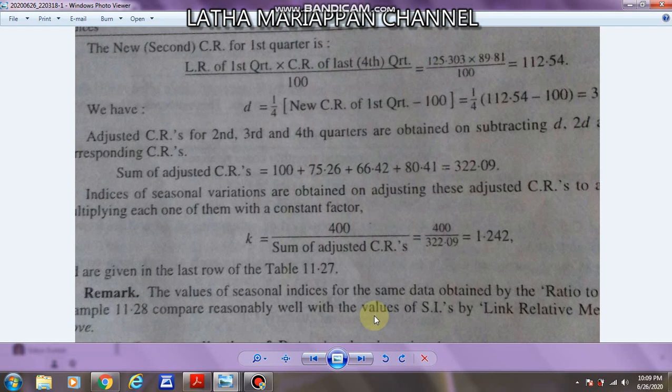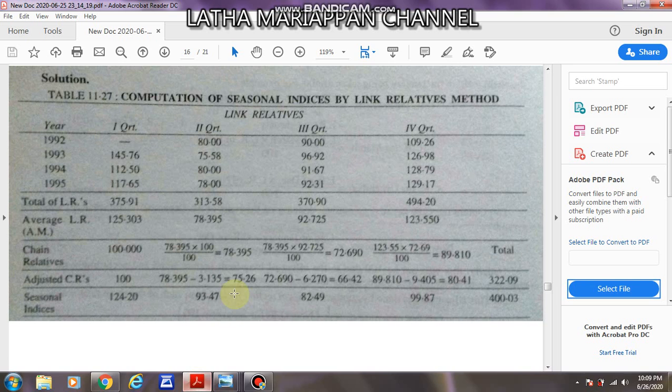The first one, 124.20, we got. Now how did we get 93.47? Take this value, 75.26, divided by the total value 322.09, into 400, and you will get 93.47.